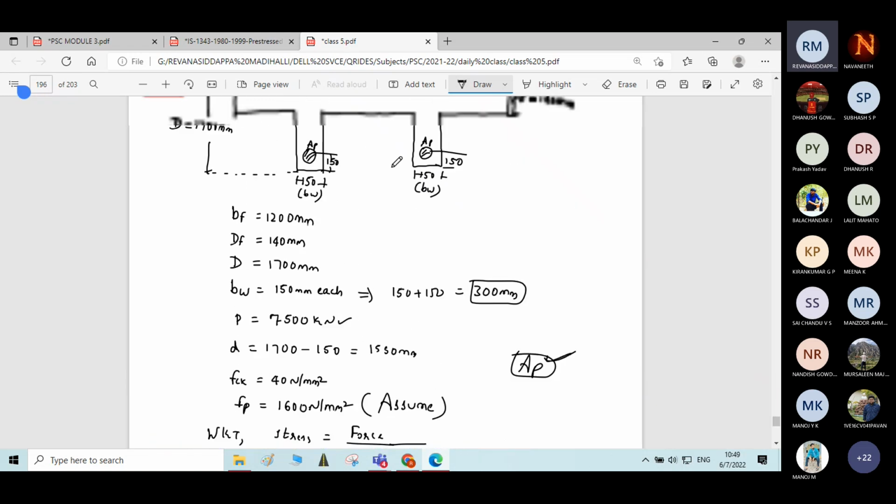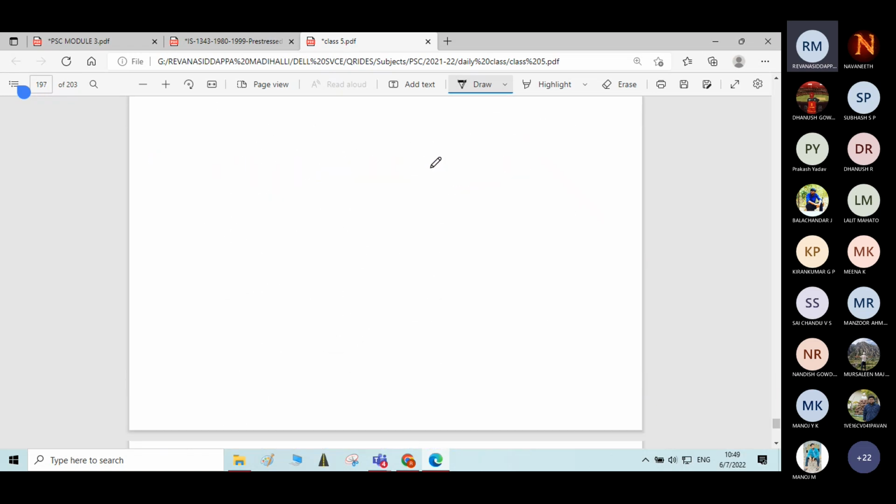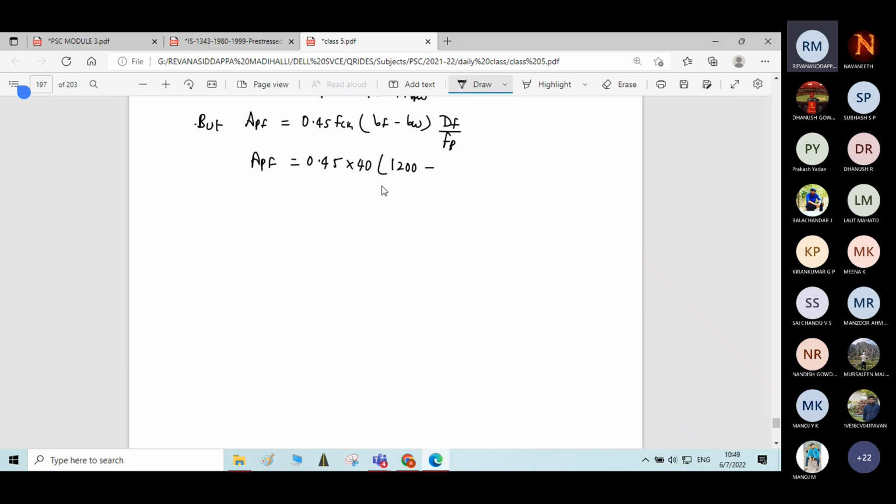There are two web portions, so minus 150 into 2. Because there are 2 webs, that is why 150 into 2.